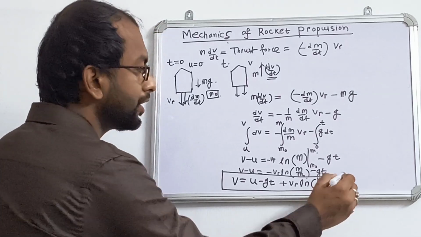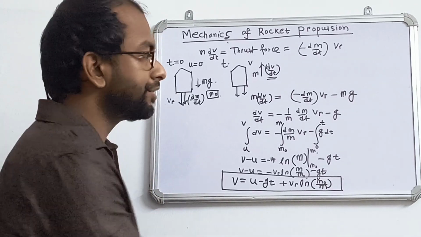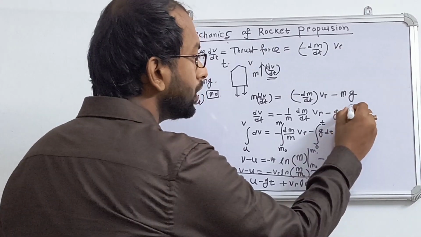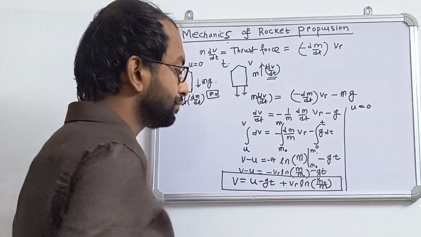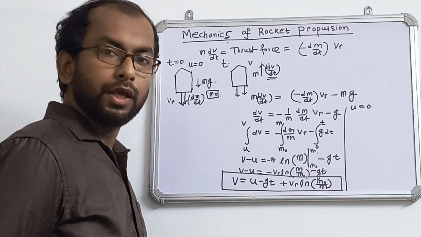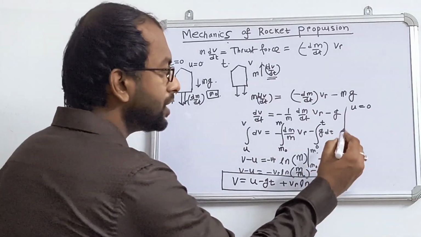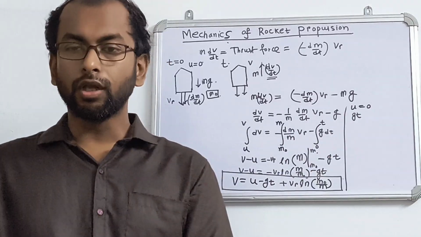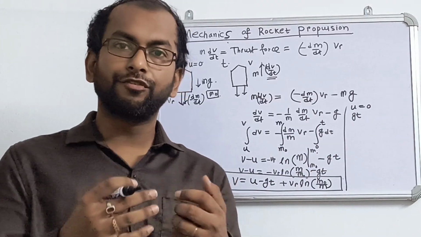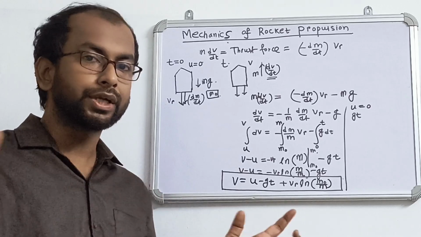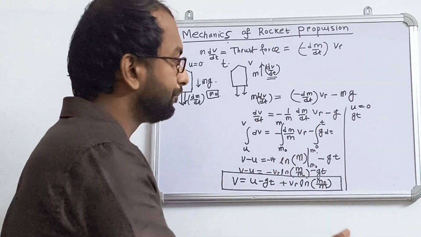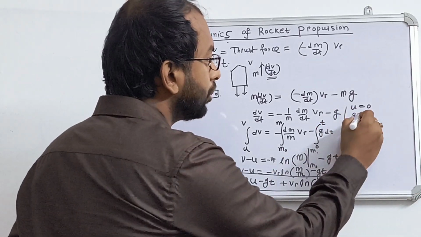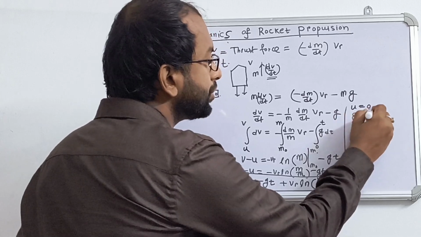Now see, in this equation, if the initial velocity is 0, we'll put u equal to 0. If we ignore gravity, then g also we can ignore. If the thrust force is very high compared to its weight, then we can ignore gravity as well. So we'll make g 0 only.